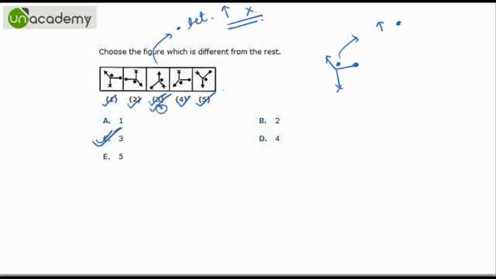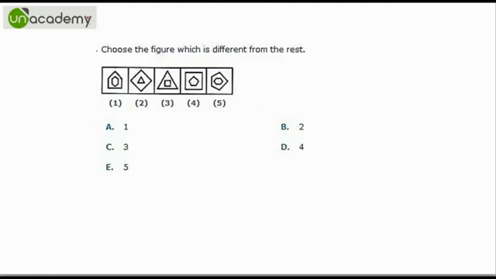Let us see one more example. Okay, so we have some figures here. The first one is a pentagon having a hexagon inside it. Second one is a rhombus having a triangle inside it.